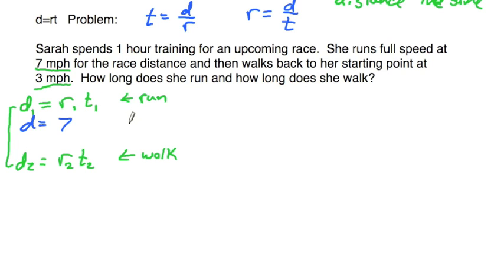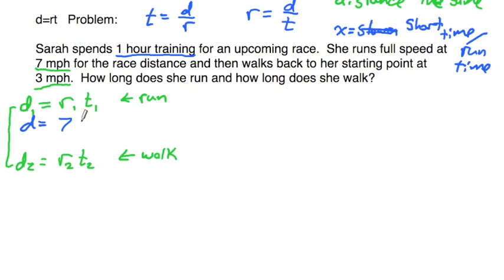This is one we're going to have to be a little bit more cautious with. There is a relationship for time. She spent an hour training. Now that includes the running and the walking. So the sum of T1 and T2 has to add up to 1 hour. So if we just consider time to be the slower time, or x, let x equal the shorter time, which will happen when she's running, so also running time.